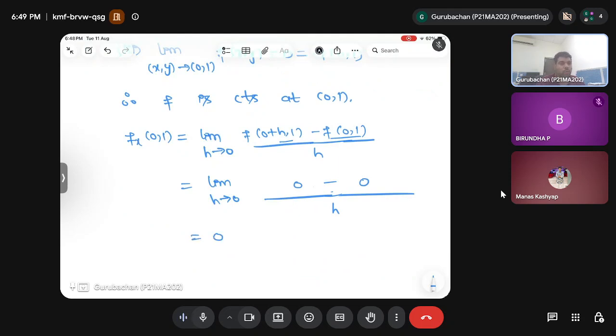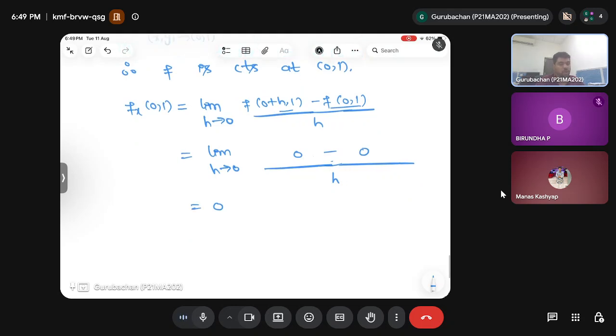So now we know that our first partial derivative exists. Let us also calculate the second partial derivative, then we will see the continuity of one of them. It is the limit as k tends to 0 of f of (0, 1 plus k) minus f of (0, 1) divided by k.